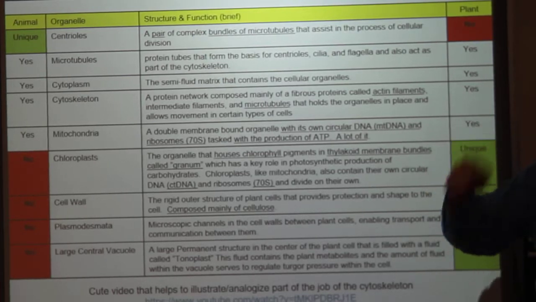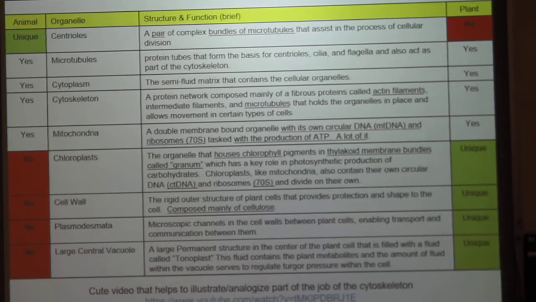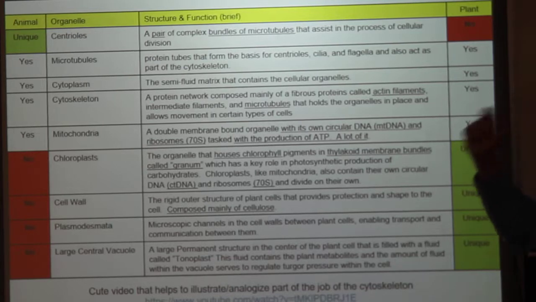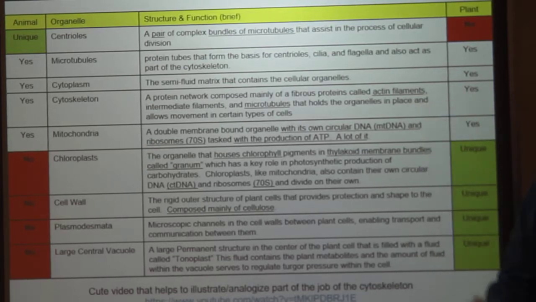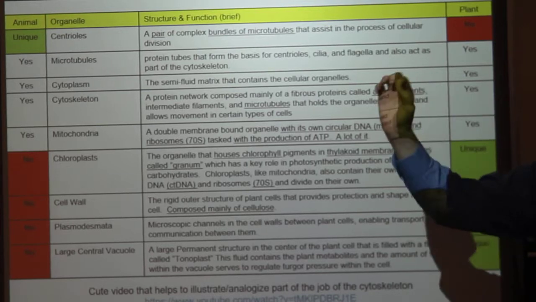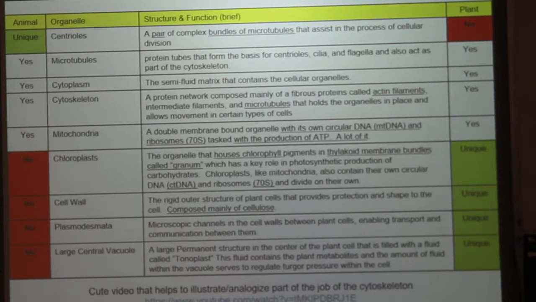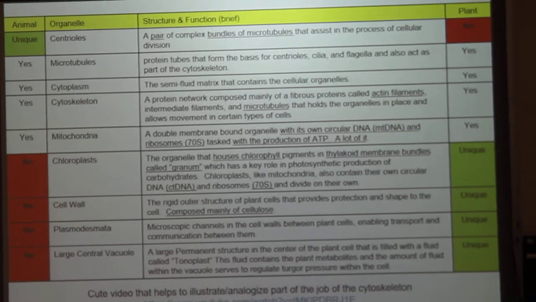Mitochondria, they are a double membrane-bound organelle. They have their own circular DNA, which is abbreviated mtDNA. It stands for mitochondrial DNA, mtDNA. I'm going to spell that out for you, just in case you can't hear it in my voice.